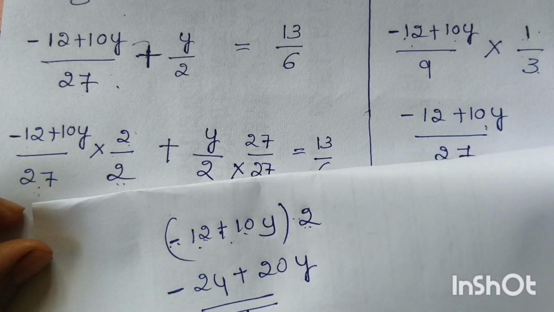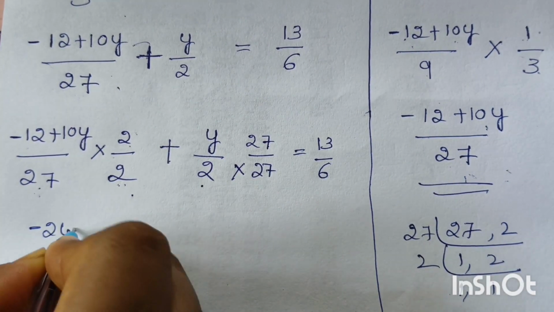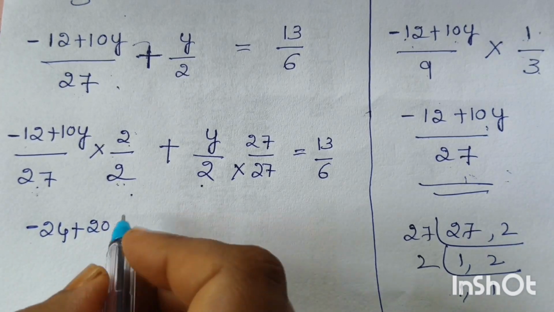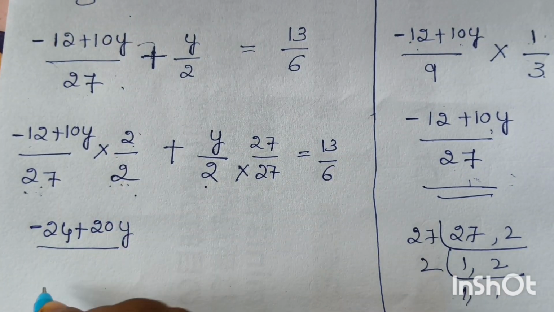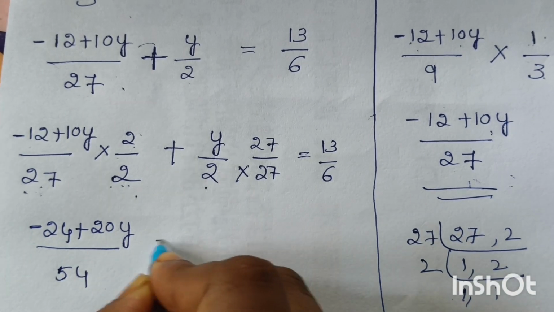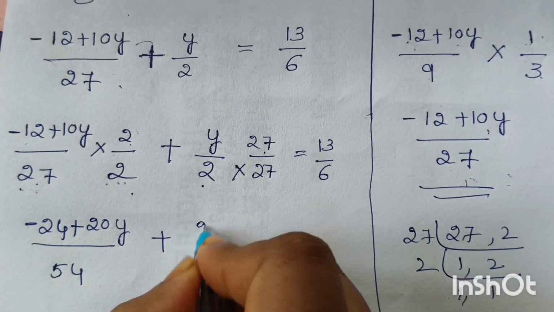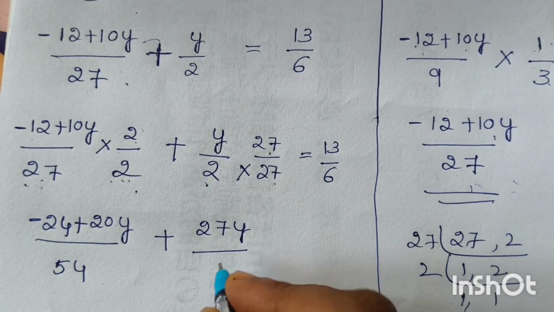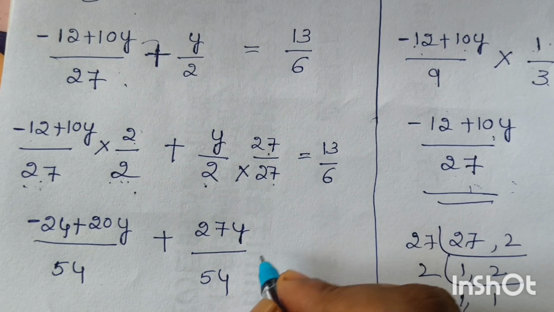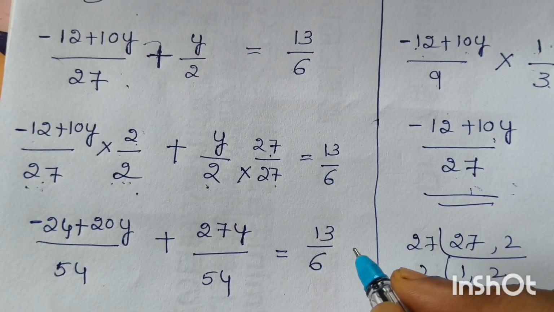So, this one I will write here: minus 24 plus 20y divided by 27 2s are 54, plus y into 27 is 27y, is equal to 13 by 6.